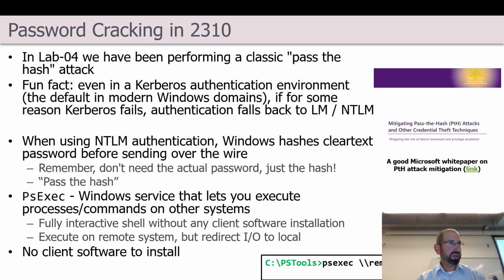What we've been doing beyond just playing around with John the Ripper is the so-called classic pass-the-hash attack. And as I mentioned, one of the strengths, also maybe one of the weaknesses, of Windows historically is this reliance on backwards compatibility.